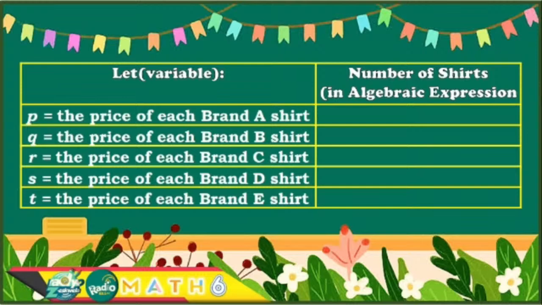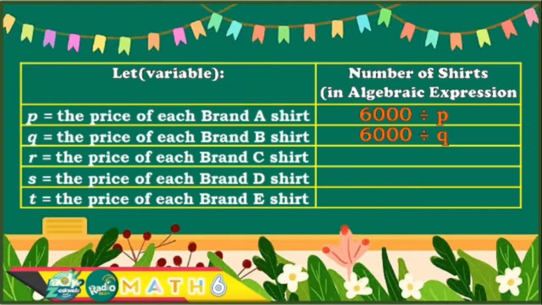To write an algebraic expression, it will become 6,000 divided by P. Let Q equal the price of each brand B shirt. To write an algebraic expression, it will become 6,000 divided by Q.